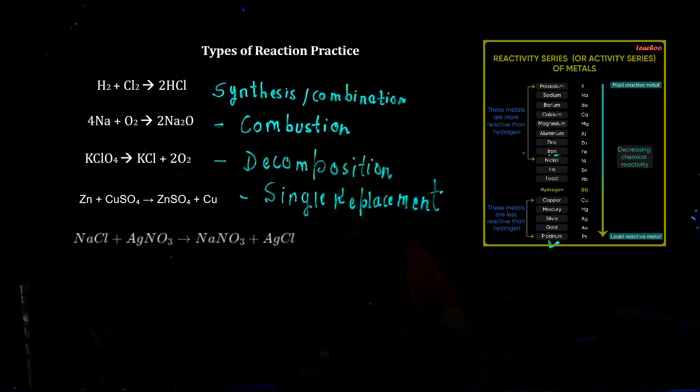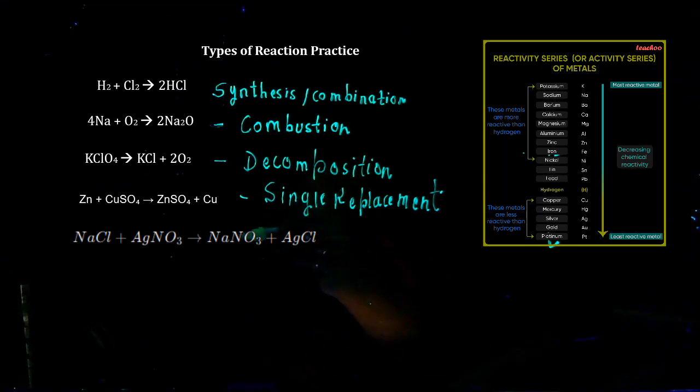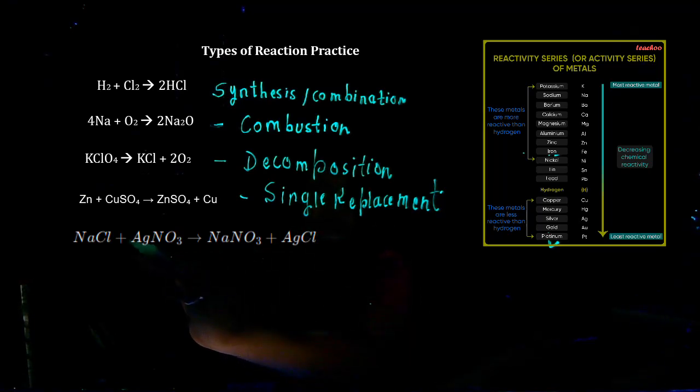The last one, NaCl reacts with AgNO3 silver nitrate to form NaNO3, which is sodium nitrate, and silver chloride is formed. So the hint, what we want to look at, they are going to swap or exchange their parts.